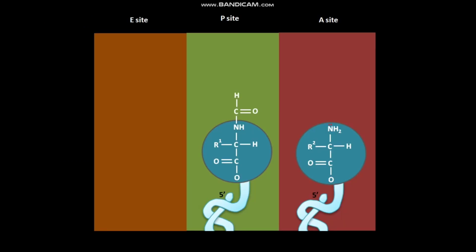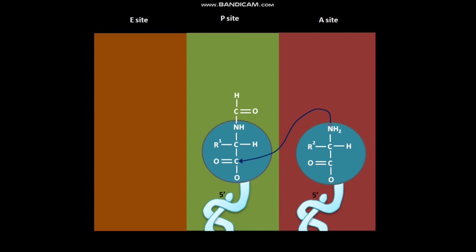During peptide bond formation in presence of peptidyl transferase, the nitrogen present in the alpha amino group of amino acid tRNA uses its lone pair of electrons to attack nucleophilically the carbonyl carbon of the peptidyl tRNA.